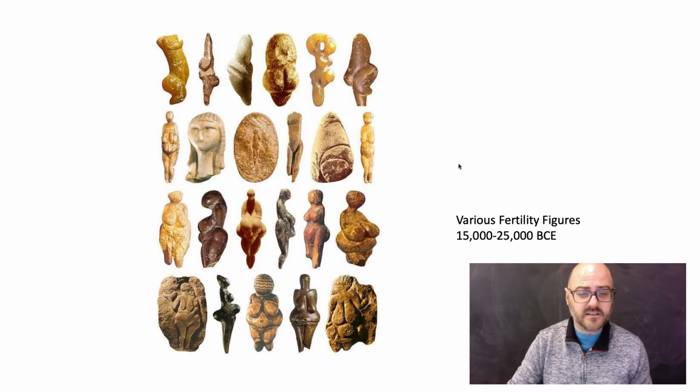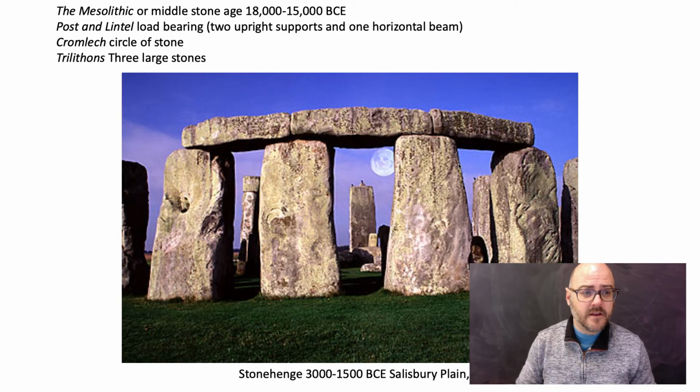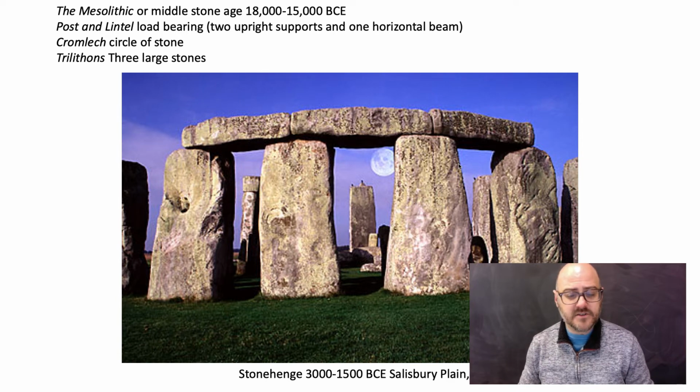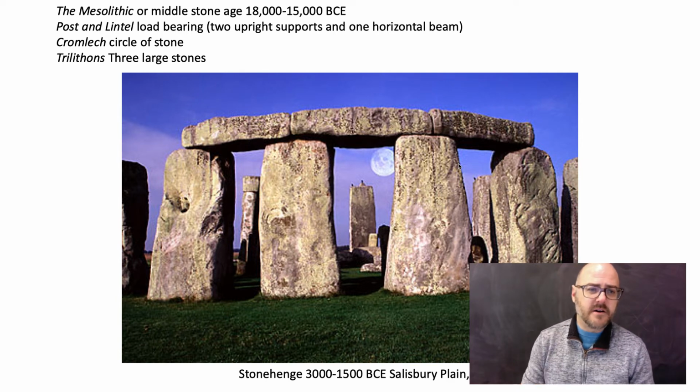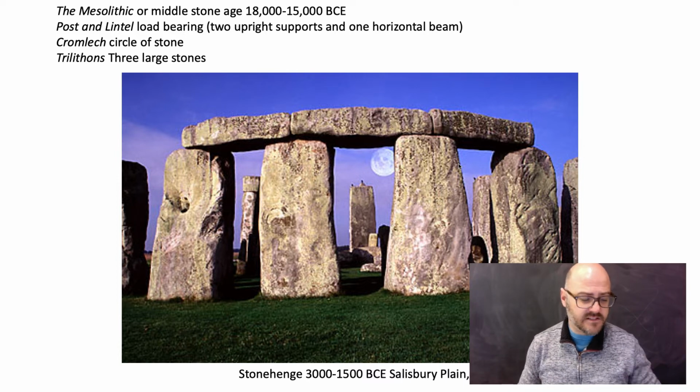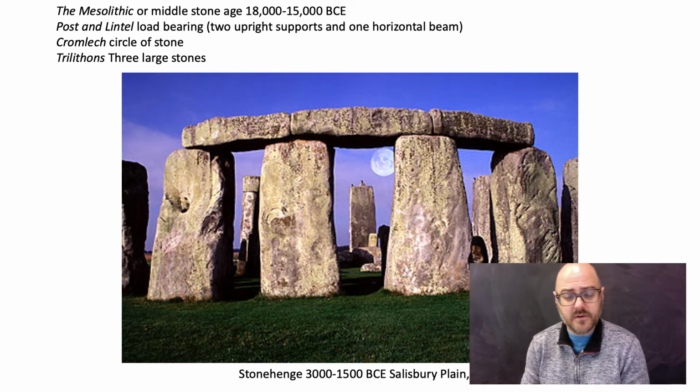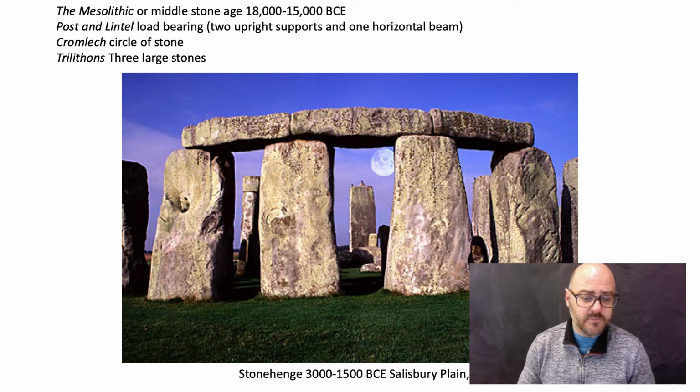It's really interesting to think about the context. So moving now into first the Mesolithic, or the Middle Stone Age, from about 18,000 to 15,000 BCE. The Middle Stone Age becomes a little bit more agrarian.